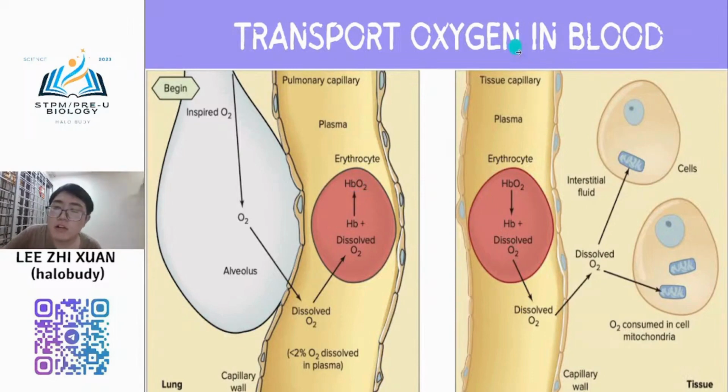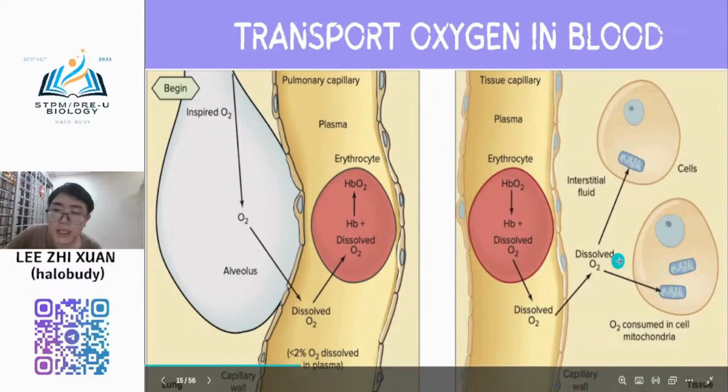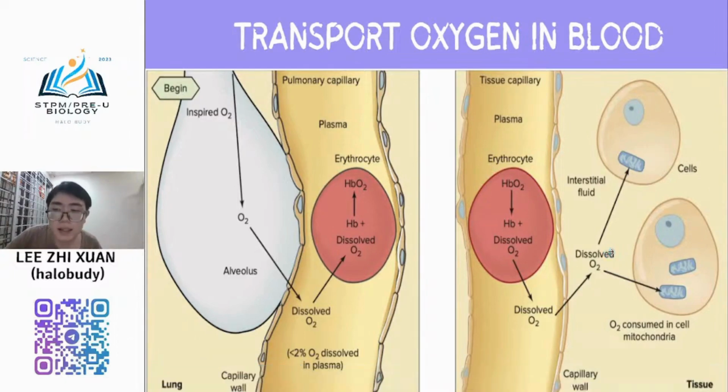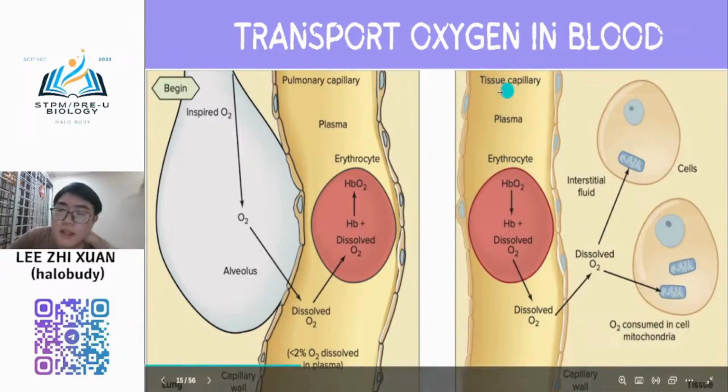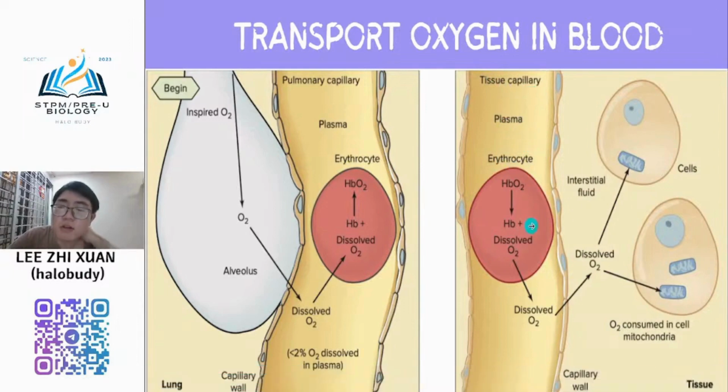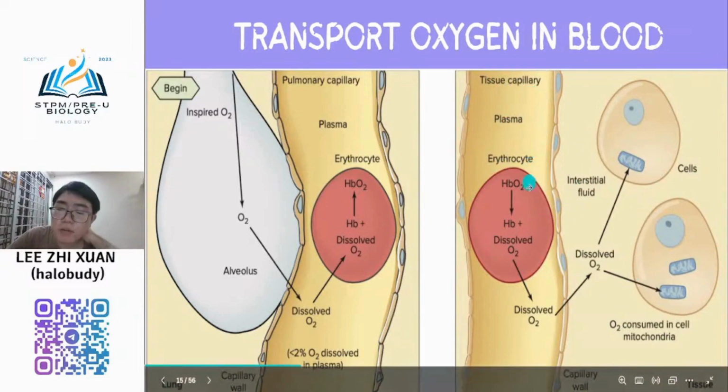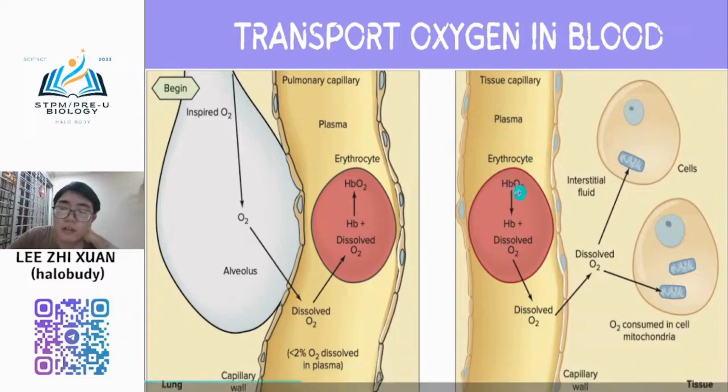When it goes to the body tissue, any part of the body tissue, in the hand, heart, intestine, brain, or eye, we call it the tissue capillary. Once it reaches the tissue capillary, this erythrocyte that contains the oxyhemoglobin will dissociate into hemoglobin and oxygen.